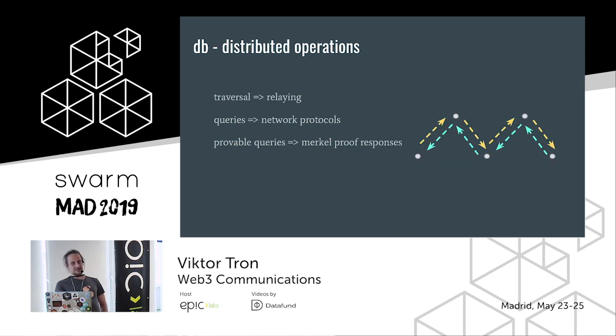The interesting thing about this interpretation is that if you have successive retrievals through chunks interpreted as nodes in a functional data type, then traversing queries can be interpreted as network protocols, and provable queries into data structures can be interpreted as forwarded requests, and on the way back they accumulate Merkle proofs.